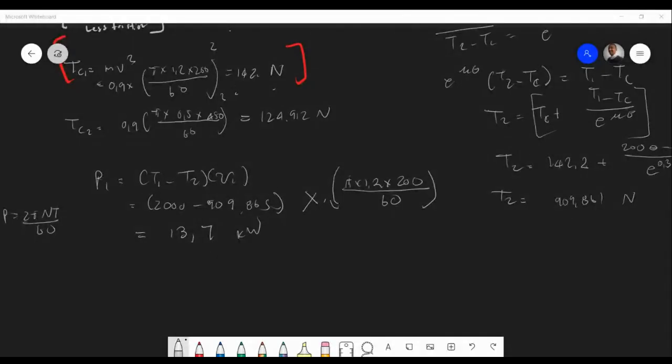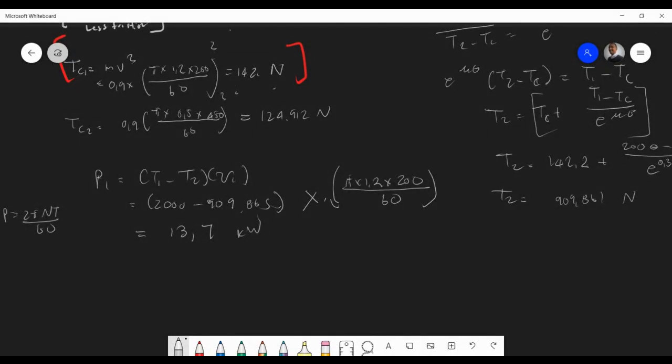Yes, that's 13.7. Let's find P2. Same thing again. I'm not going to write T1, T2, the actual values, but this is going to be pi times our diameter, which is now 0.5, times 450 over 60. What do we get there?